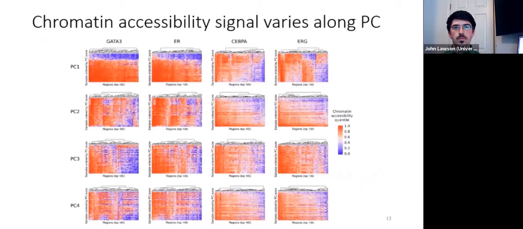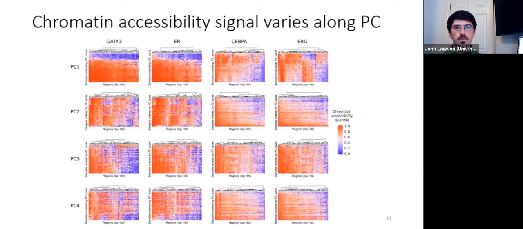And so if we look at the raw data in our top region sets, we can see that it basically shows how our method's working. So in these heat maps, the rows are samples, and they're ordered by their principal component scores. The columns are regions in our top region sets.